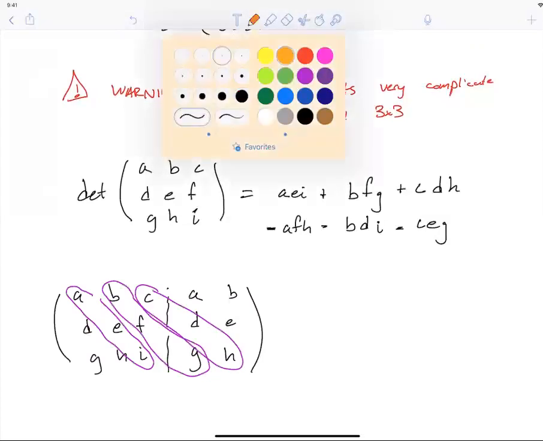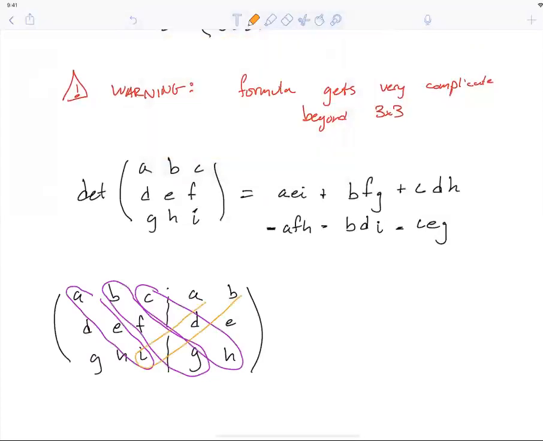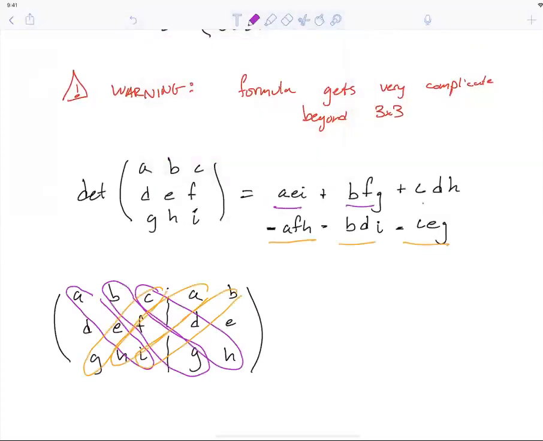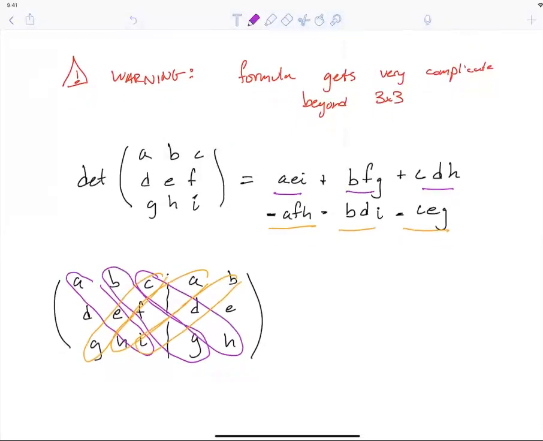And the reverse diagonals are the ones you're going to subtract. So these are all the ones you subtract, and the forward diagonals are the ones that you're going to add. All right, so that's one way of doing this.